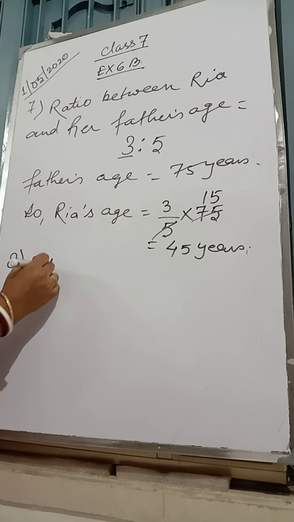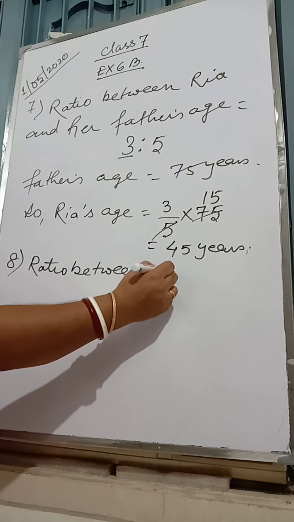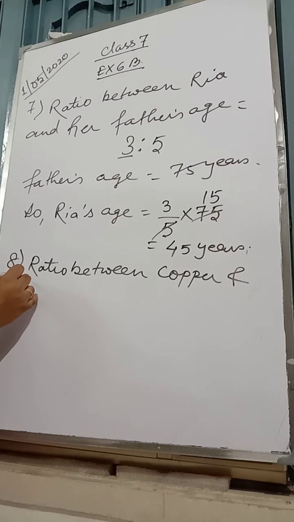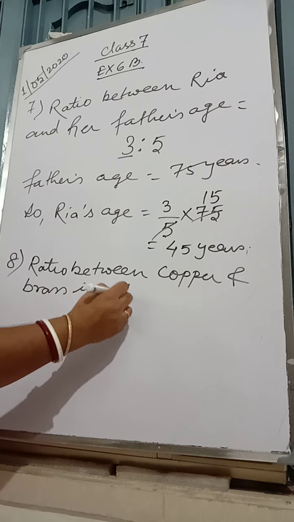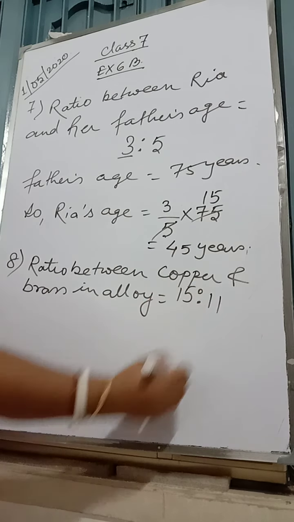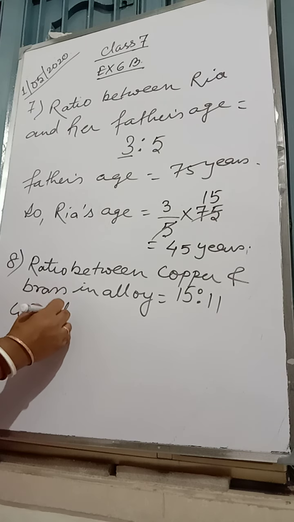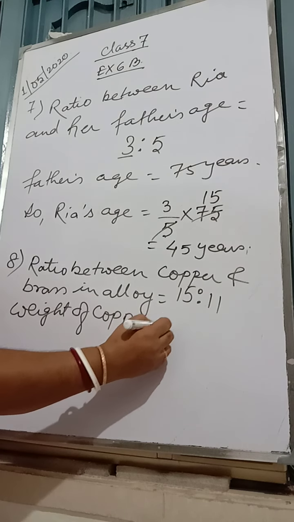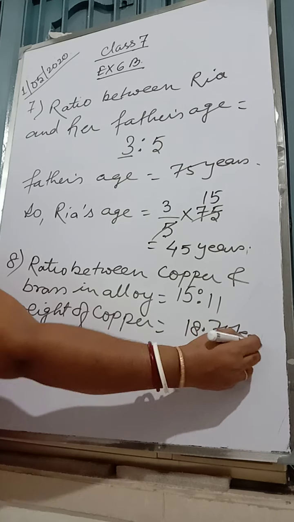We are not going to find all the weights. Ratio between copper and brass in alloy is equal to 15:11. Weight of copper is equal to 18.75 kg.